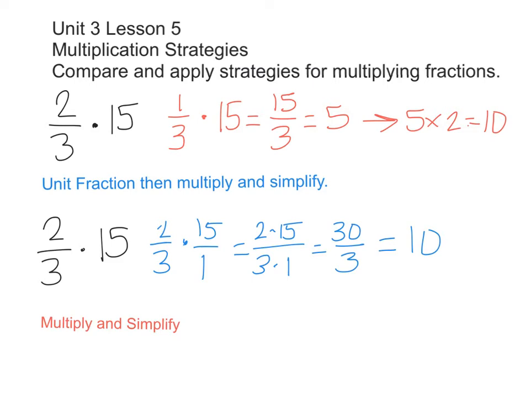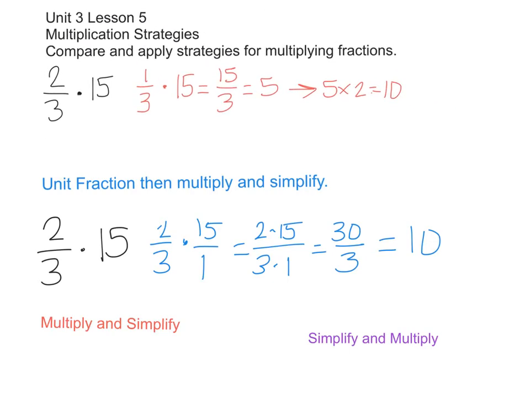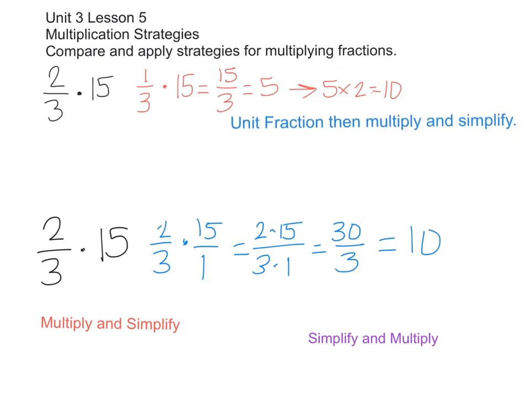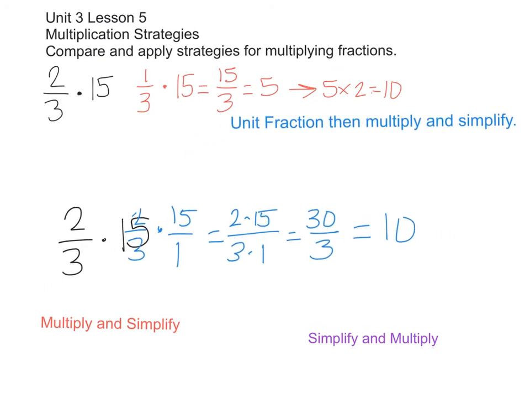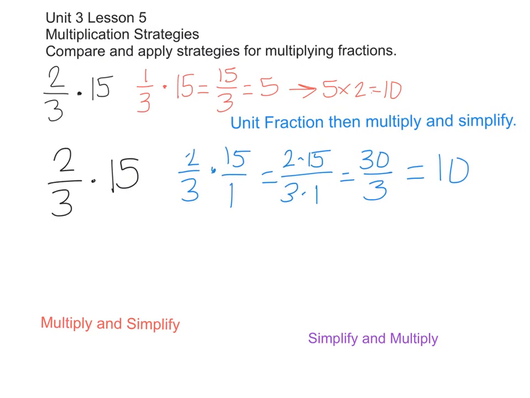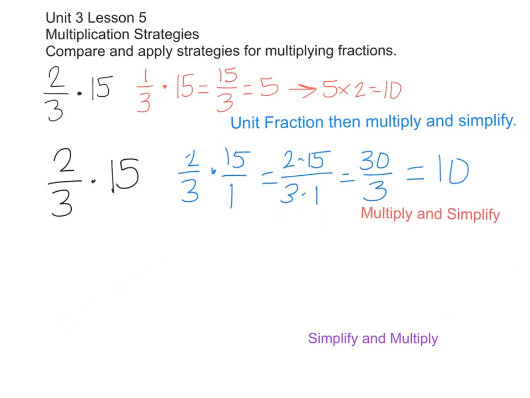But the one that I'm going to show you tonight, the newest strategy, and we're going to use it with the same problem so you can see it. Okay, the newest strategy, it's the opposite. So we're going to simplify first and then multiply. Let me show you. Don't get stressed out yet.